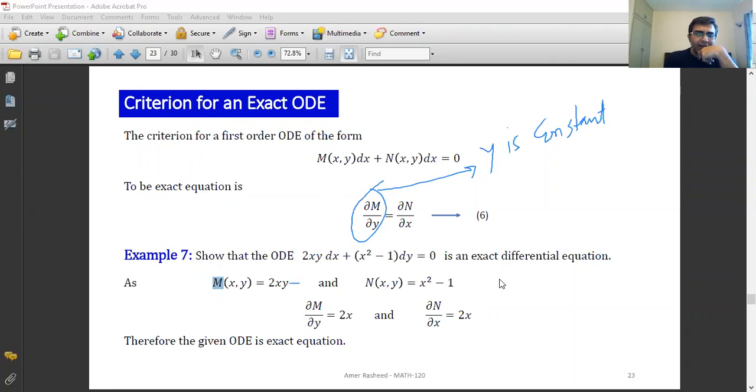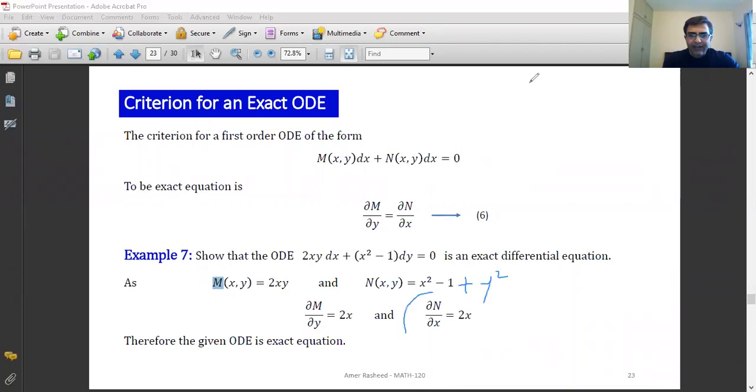For example, if we have y square here, then while taking the partial derivative with respect to x, the derivative of y square will automatically be 0. So it doesn't change anything.